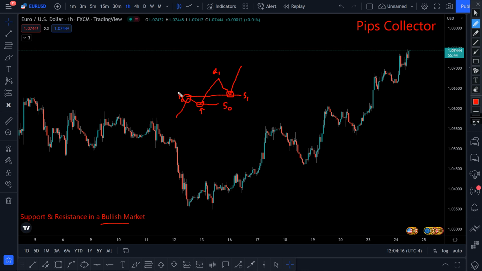Now, technically speaking, this is what it looks like. This is a higher high and this is a higher low. This is in a bullish market, okay? Then around here, this zone is referred to as the demand zone.